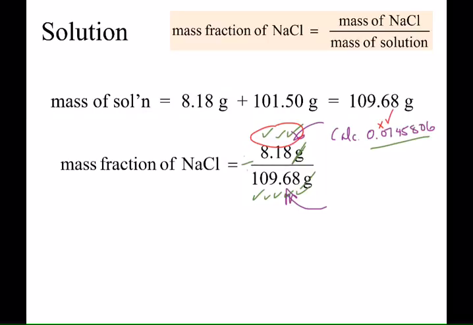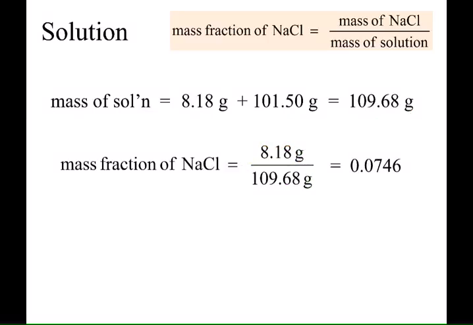So I'm going to keep that digit, keep that digit, keep that digit, and truncate right here. Since we have an 8 beyond where we want to round, we need to round that 5 up to a 6. So our answer then is 0.0746, and again there are no units for mass fraction.